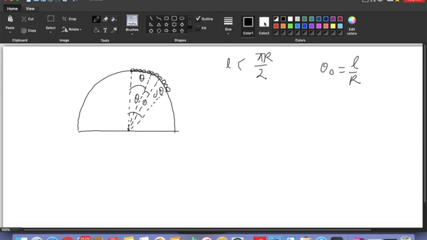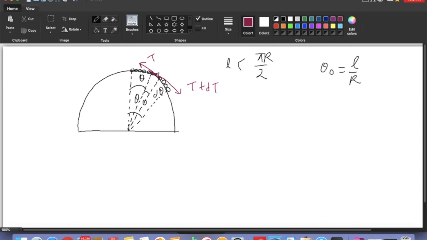Okay, so this is a very small element which I am going to highlight here. This small element has a tension T here and T plus dT along the tangential direction on the other side.